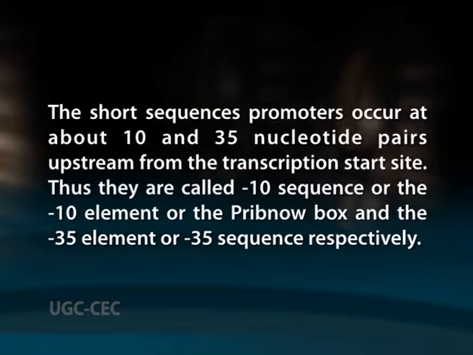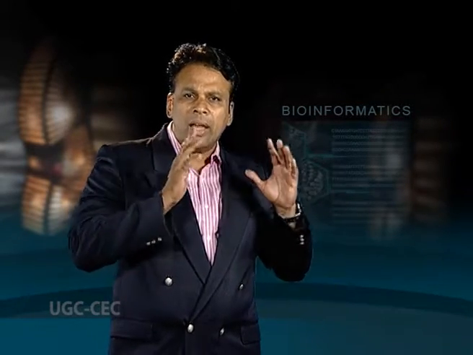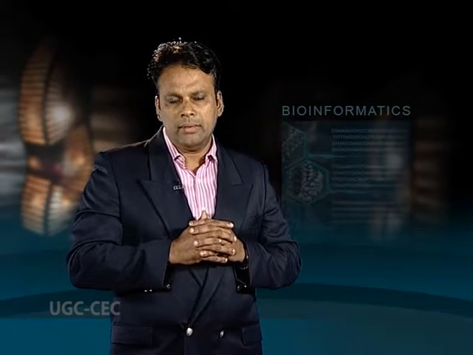Thus, they are called the -10 sequence or the -10 element or the Pribnow box, and the -35 element or -35 sequence respectively. These sequences vary slightly from gene to gene and some nucleotides are highly conserved. The nucleotide sequences that are present in highly conserved regions are called consensus sequences.